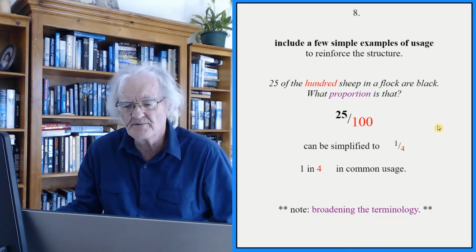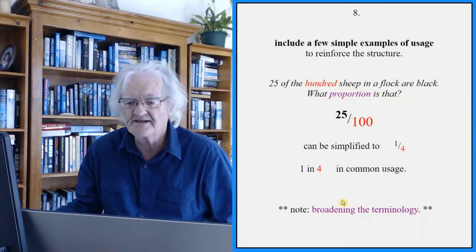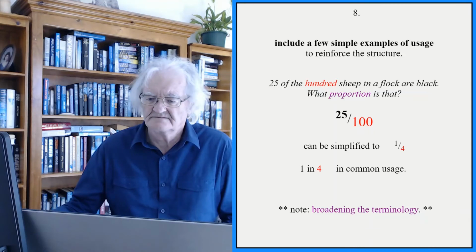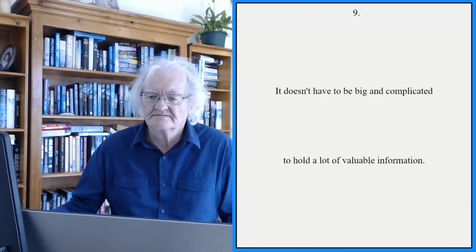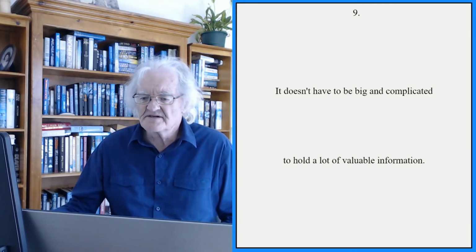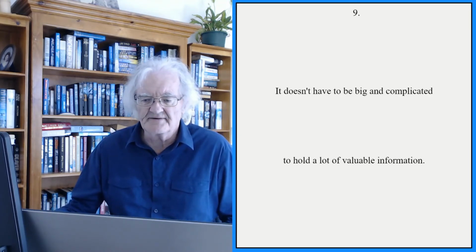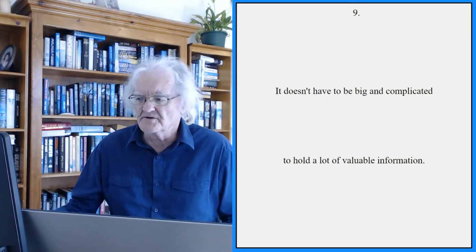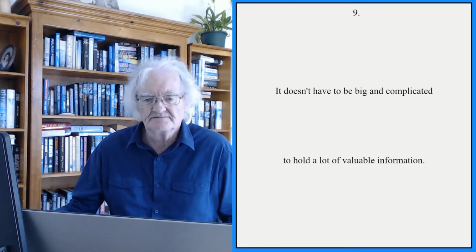This example builds on the note we saw on the previous page, and it's broadening the terminology as well. Your summary doesn't have to be big and complicated to hold a lot of valuable information.